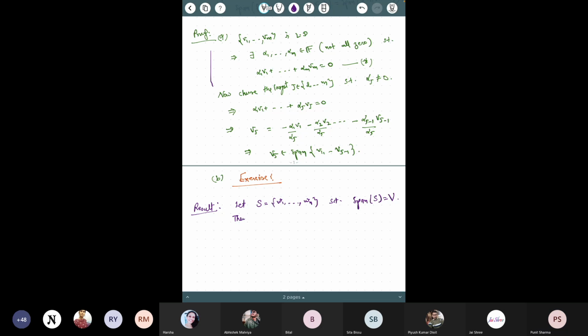Then any linearly independent set in V contains no more than n elements.